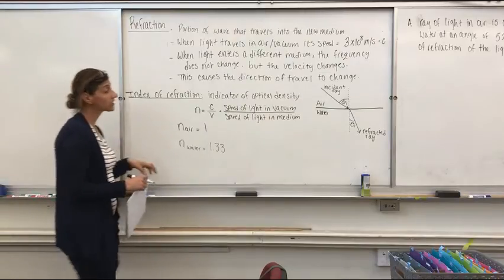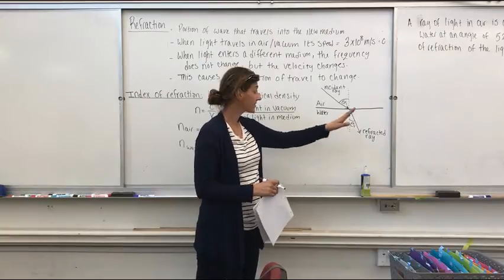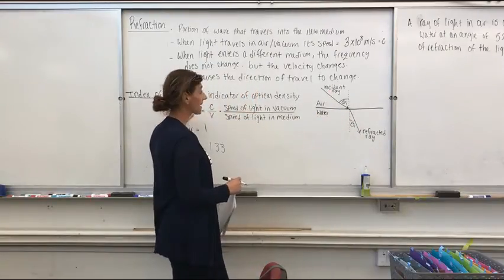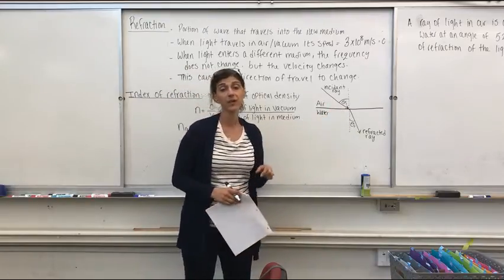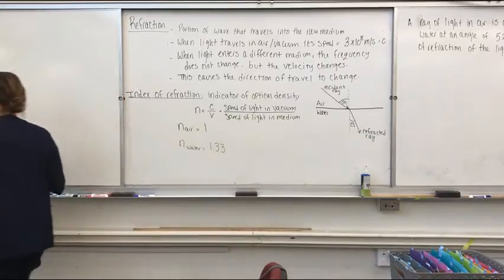Now, we can calculate the angle that the refracted ray enters by knowing the index of refraction and knowing the angle at which the ray comes in. We can do that by applying Snell's law.